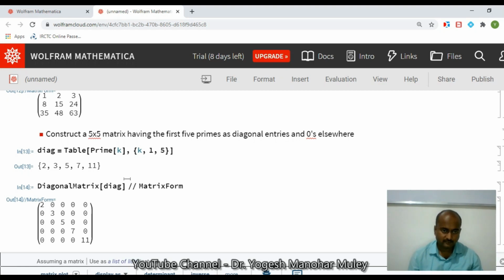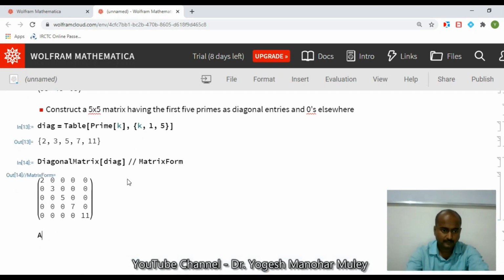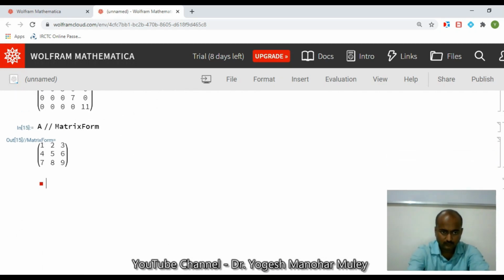Next we'll try to find out how to get entries from any matrix. So I will type here A in matrix form. So this will give us a matrix. Now I would like to find the 2, 3 entry of the matrix A. So second row, third column, we want to find the entry.